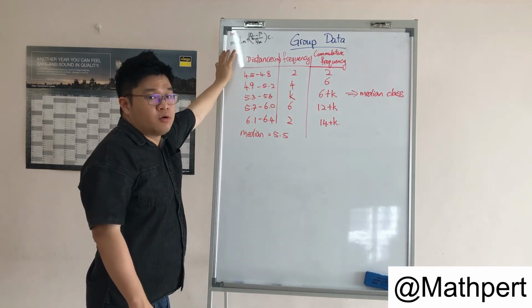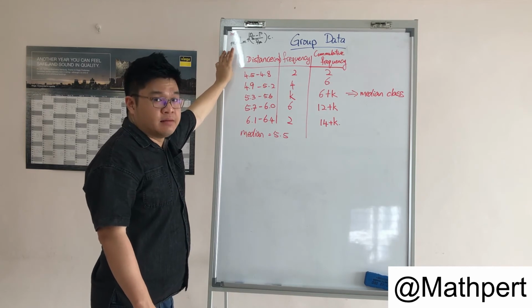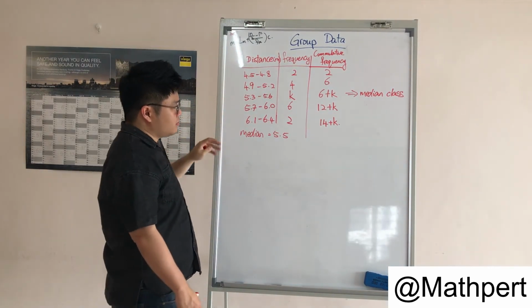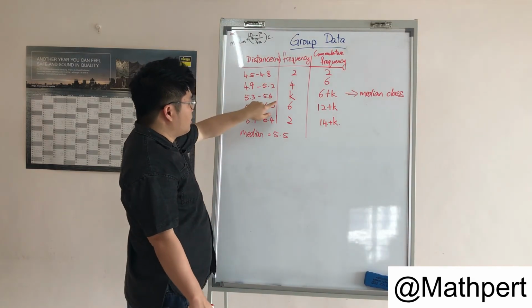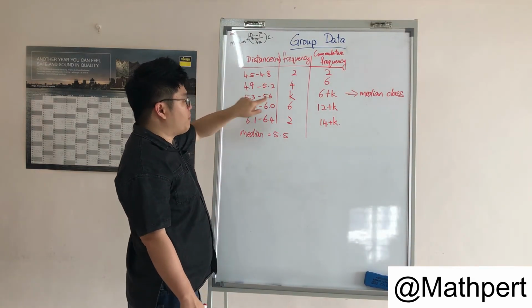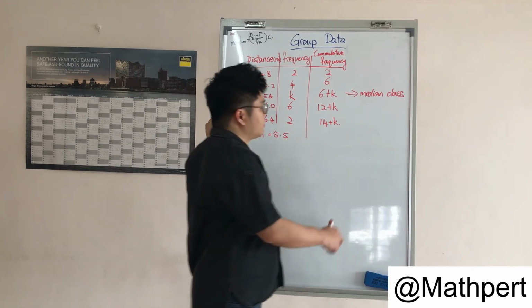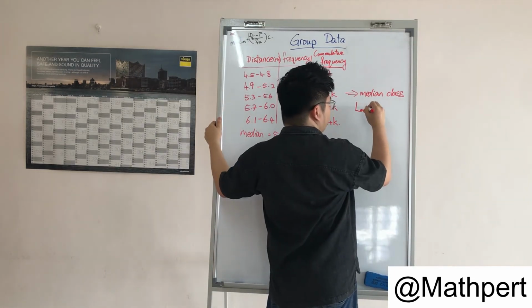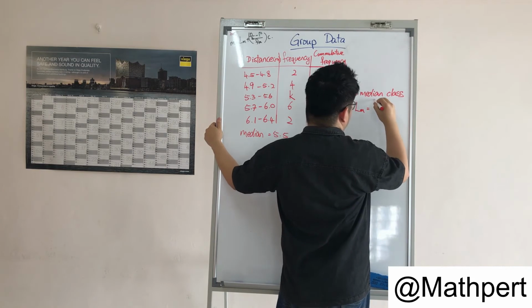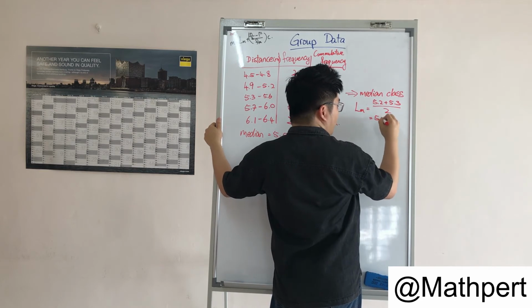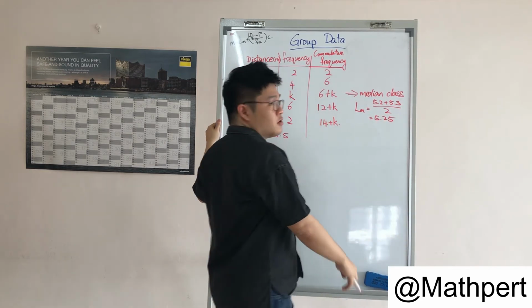L, lower boundary of median class. So in this case, LM is 5.2 plus 5.3 divided by 2, which is 5.25.